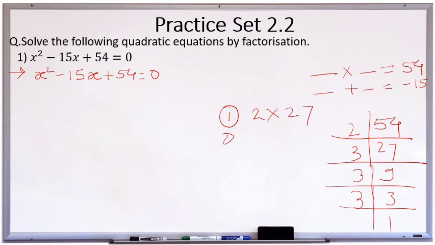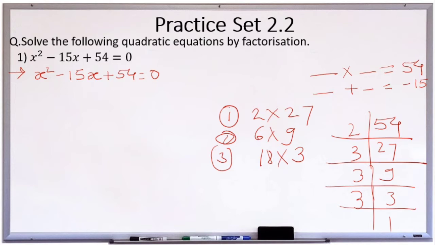This is the first possibility. Second is 2 3s are 6 and 6 into 9. And the third one is 18 into 3, since 2 3s are 6, 6 3s are 18. So there are three possibilities.